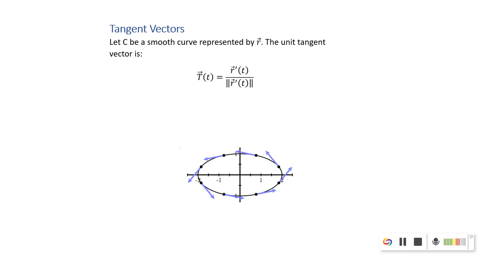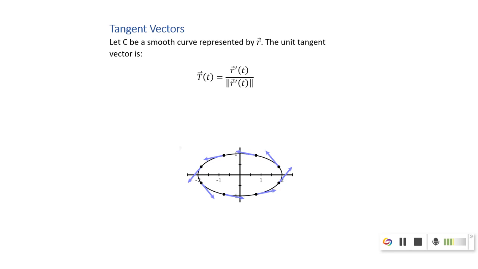All right, so we know how to find the derivative of a vector valued function, but I want to pause for a minute and think about what that derivative is giving us information about. Back in Calc 1, when you were first introduced to derivatives, hopefully you learned that the derivative gives you the slope of the tangent line.